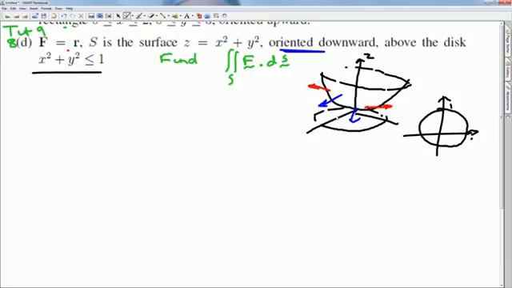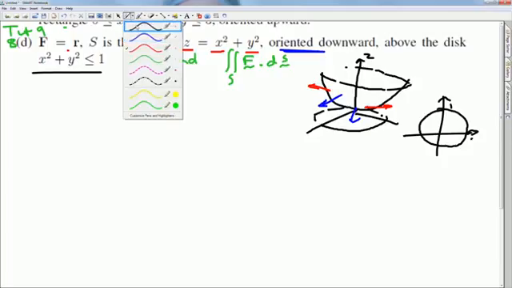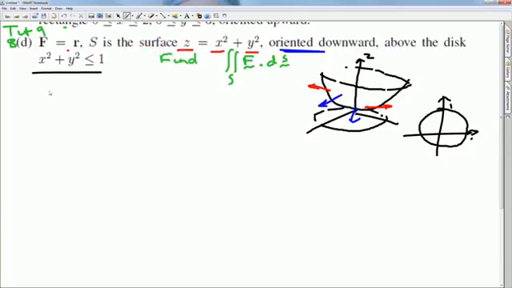When you've got more non-standard surfaces like this, you really need to parameterize it somehow or other. In this case, we've defined the function, so the surface is z, and we define it in terms of x and y, so x and y are natural parameters. The idea is then to work out the flux integral, and this is my use of notation.